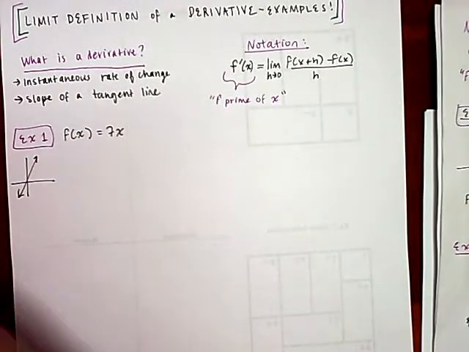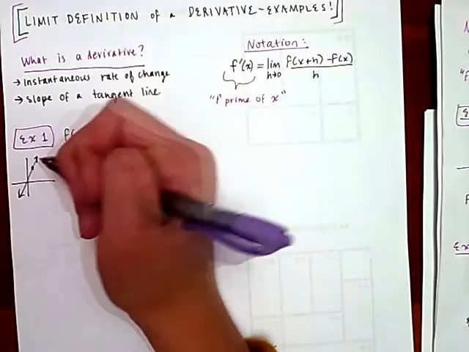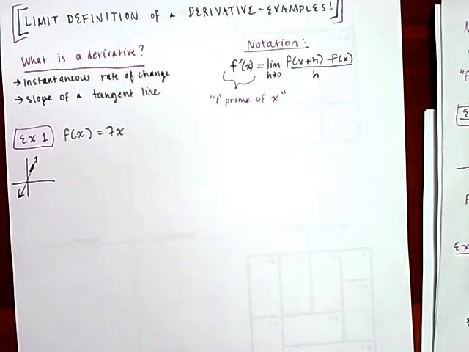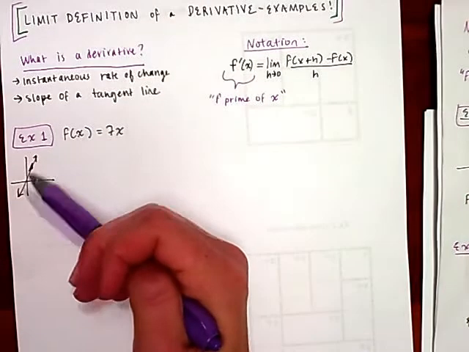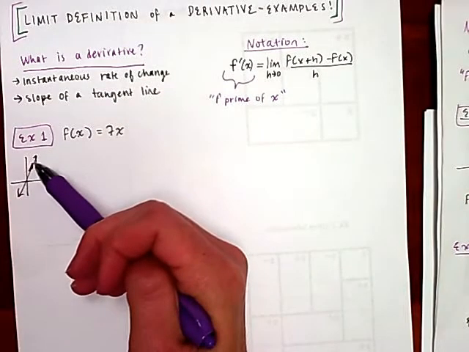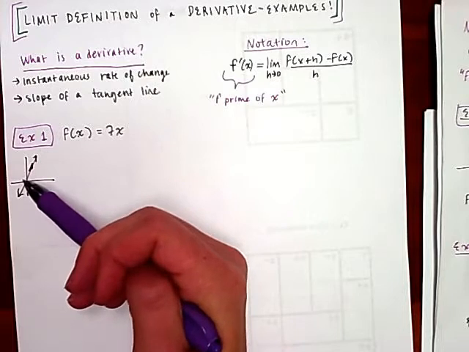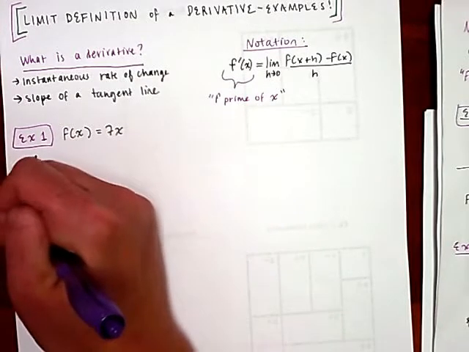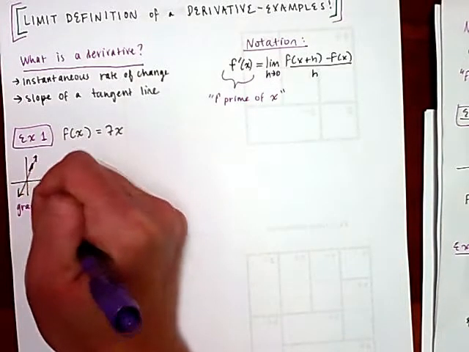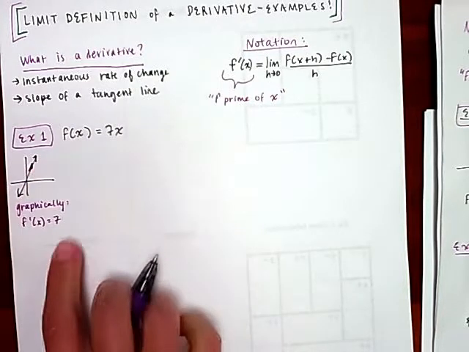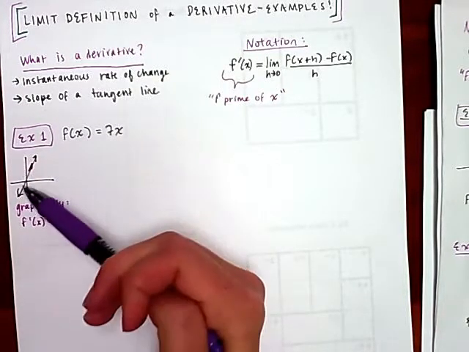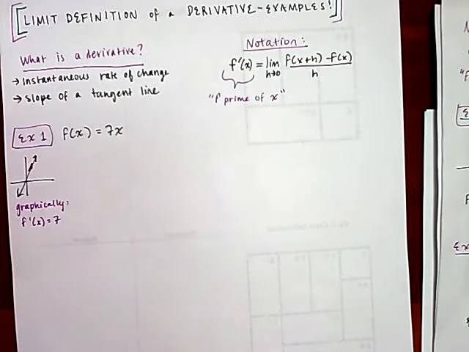If I think about a tangent line at a specific point, the tangent line just lies along that linear function, because your instantaneous rate of change is constant over the whole interval. It's just the slope of this line. So graphically, we should know f prime of x equals 7, right? The slope of the tangent line at any point is 7 because this is a straight line.